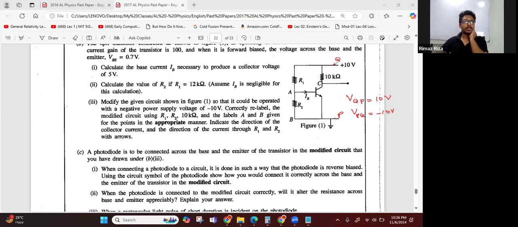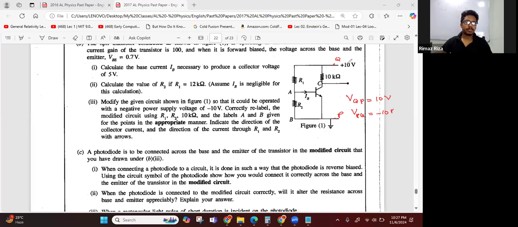VQP is 10. So if I make this grounded, this will be minus 10. Something like that. Potential P relative to Q is minus 10.